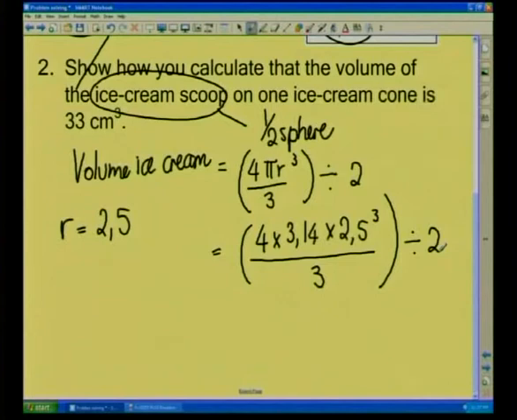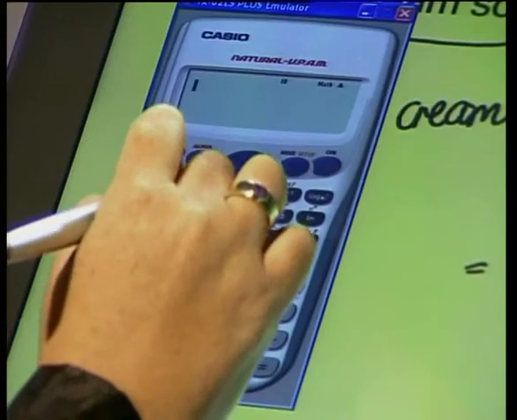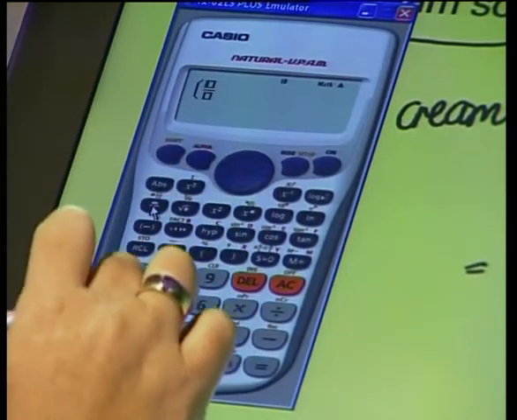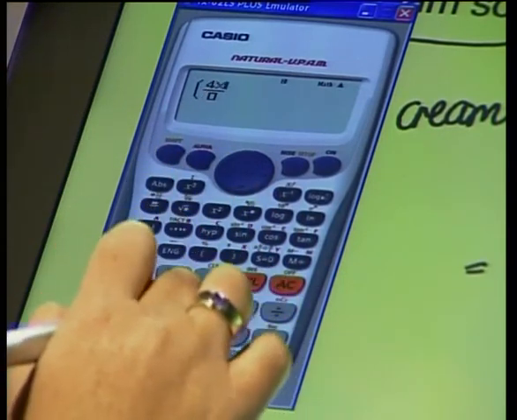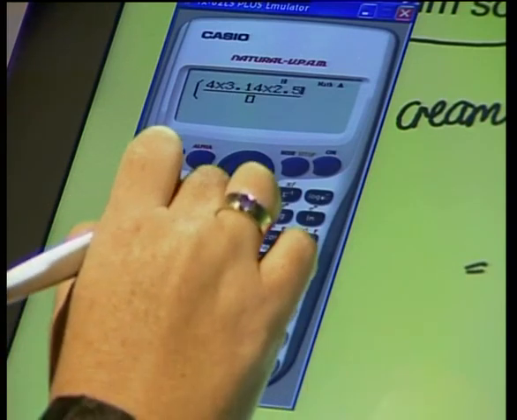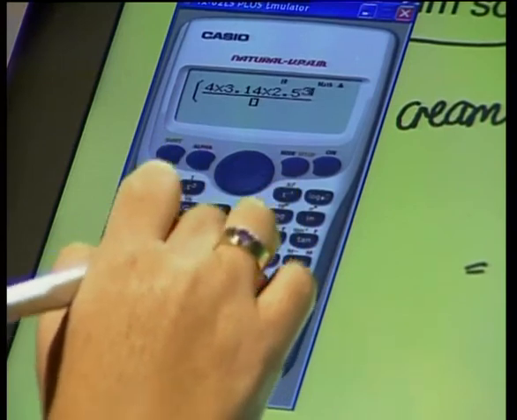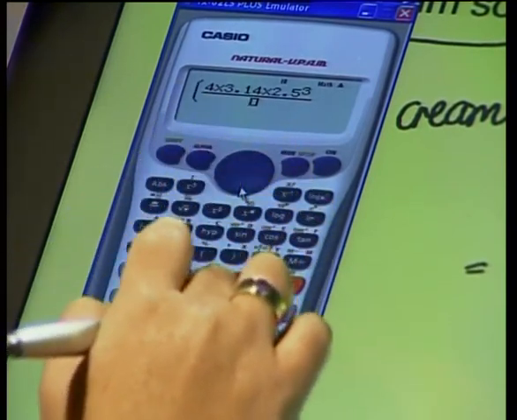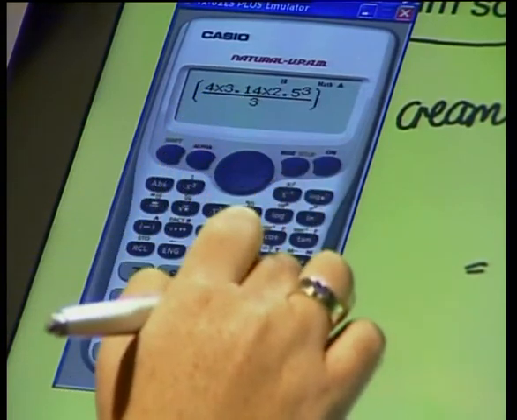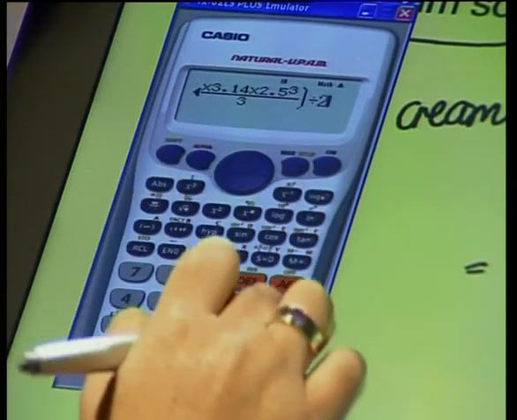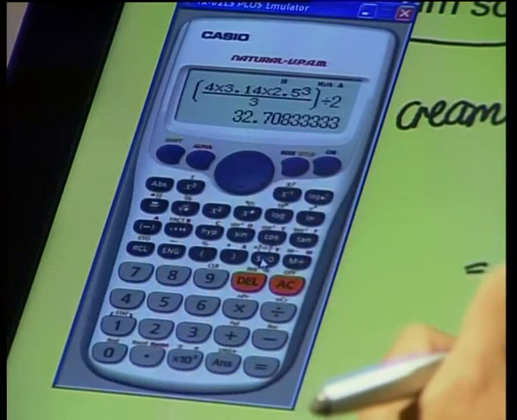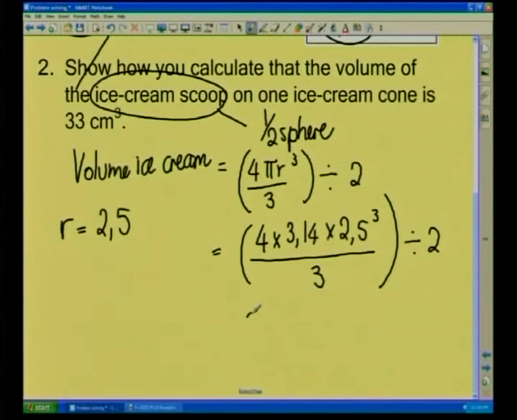Let's do it on our calculator. Brackets, fraction, 4 times 3.14 times 2.5 cubed all over 3. Close our brackets and divide our answer by 2, which gives us an answer of 32.708.